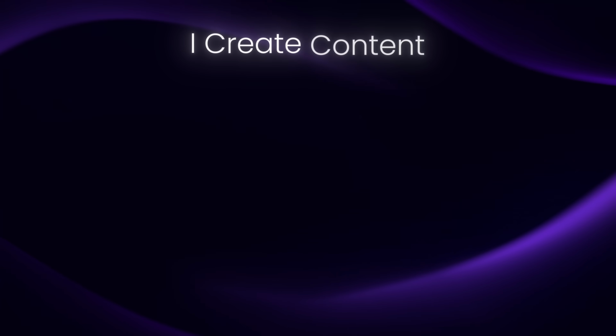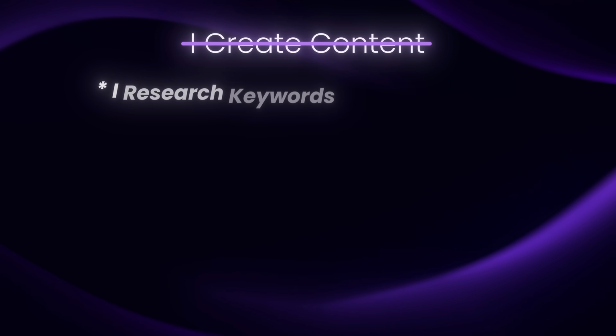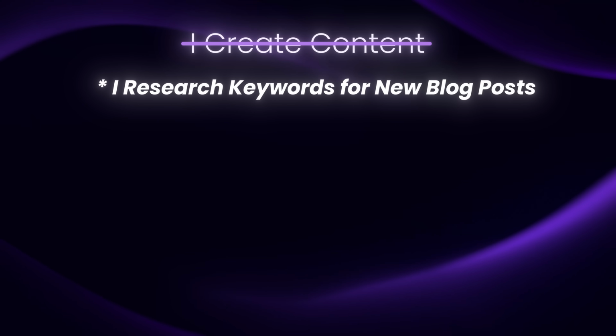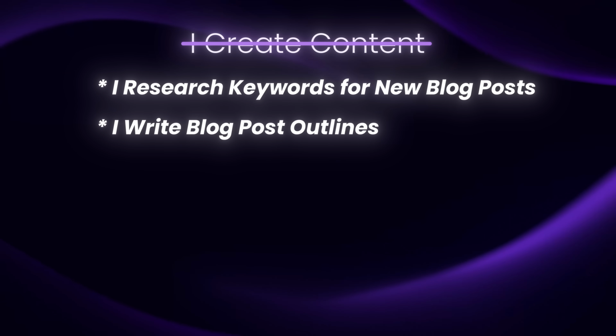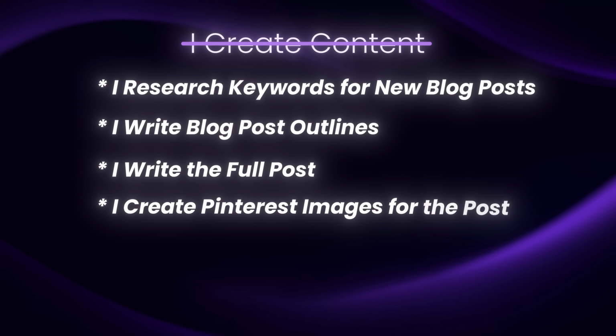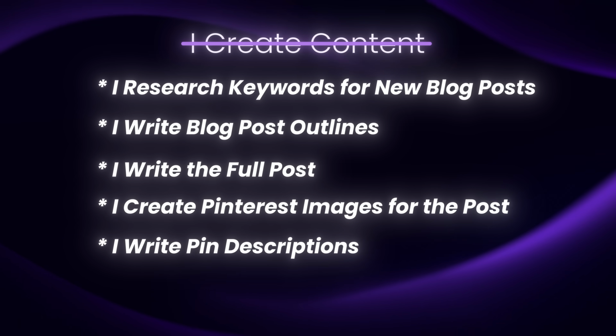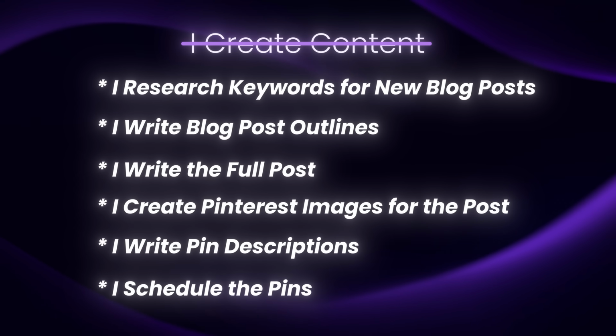For example, instead of saying I create content, break it down. Like I research keywords for new blog posts, I write blog post outlines, then I write the full post, I create Pinterest images for the post, I write pin descriptions for those pins, I schedule the pins. So each one of those is a separate task.